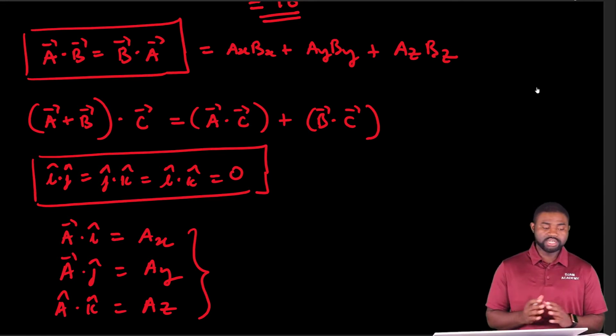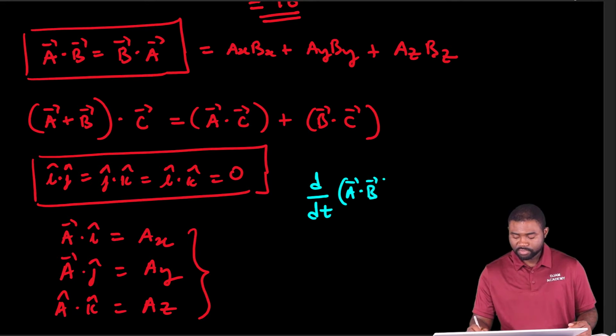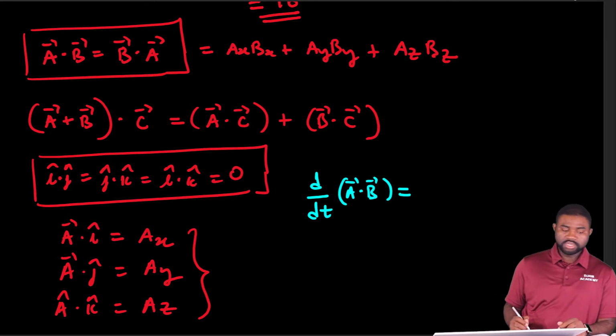Now the last thing that I would like for you to look at is how to differentiate a dot product. Now the derivative of a dot product, d/dt of A dot B. Pay attention now.